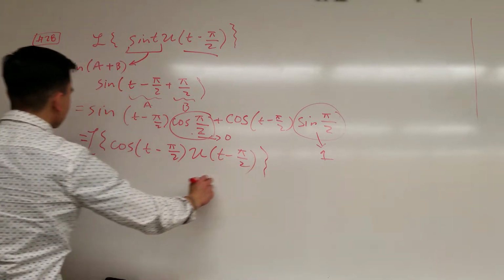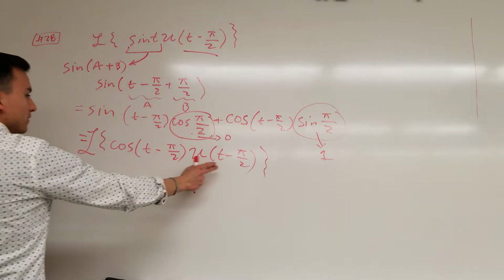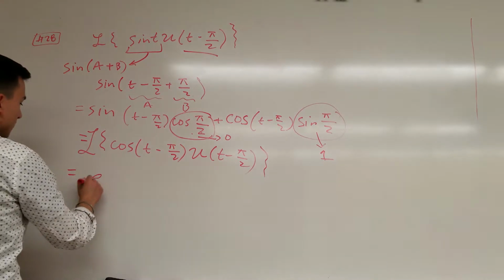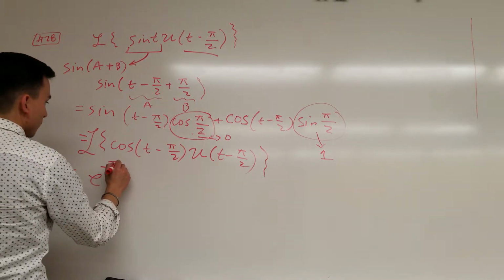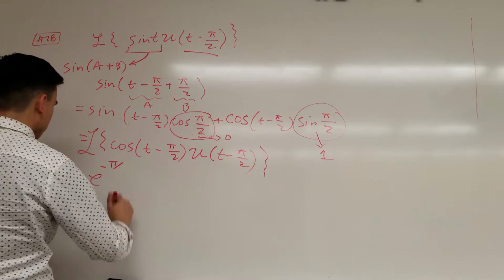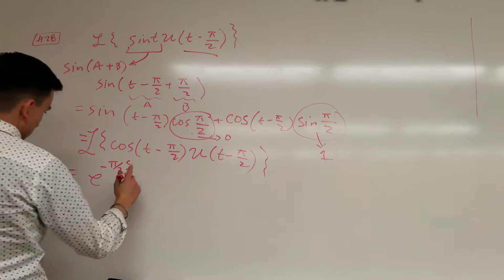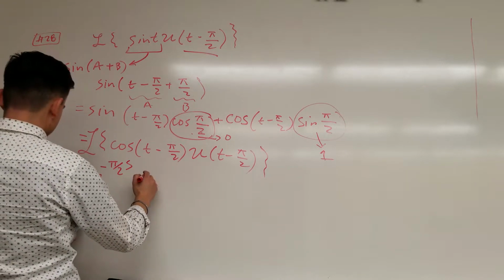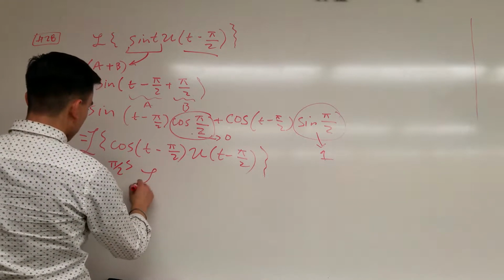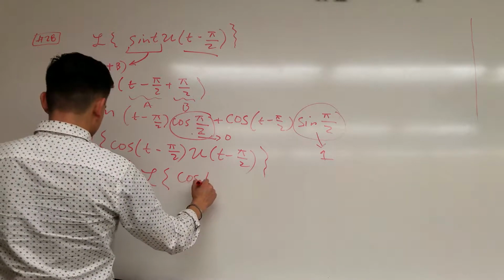All right, so I notice negative pi half. That's going to be my e to the negative pi half times s, right? Let's see. And then we're going to Laplace that function t, which is cosine of t.